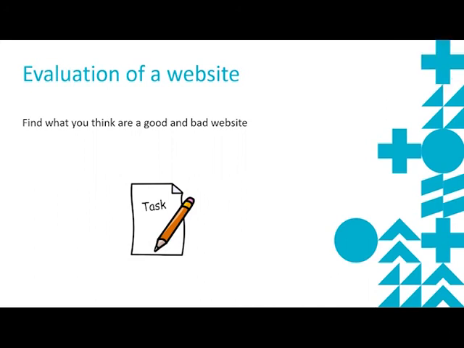Then we're going to go through some checklists to see whether or not we've got the same idea of what good and bad is, and try and find the worst. Try and find something that's horrendously bad in terms of giving really bad advice or information, and try and find what you think is a reputable, good resource to use. So we'll have 5 minutes, and then come back in and have that website ready. Okay.